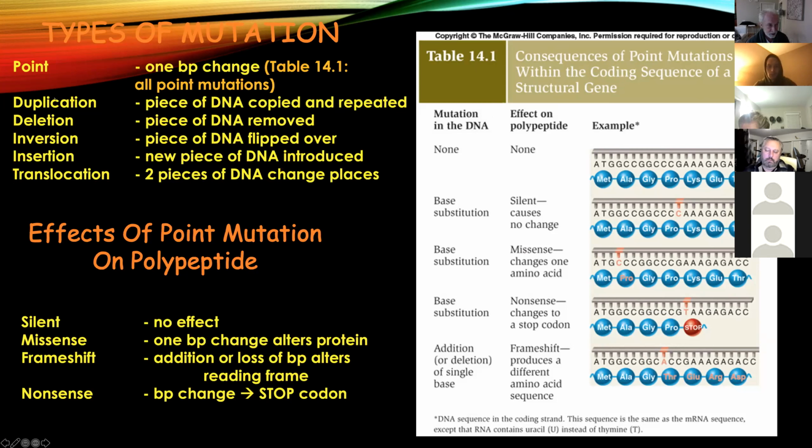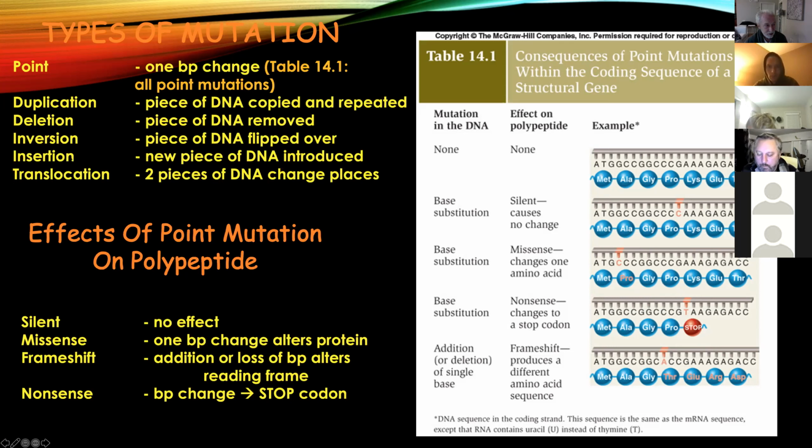Remember what a duplication is. It's a piece of DNA that gets copied and then repeated. It stays in the genome and it gets repeated. It can be repeated many times, over and over. That is a duplication. It can be a deletion where a piece of DNA is simply removed. An inversion is just that. A piece of DNA is flipped over, so now the sequence reads backwards, and you get a completely different peptide out of that.